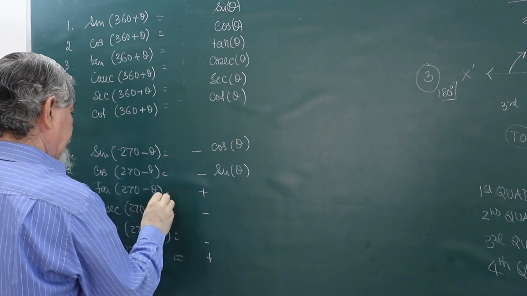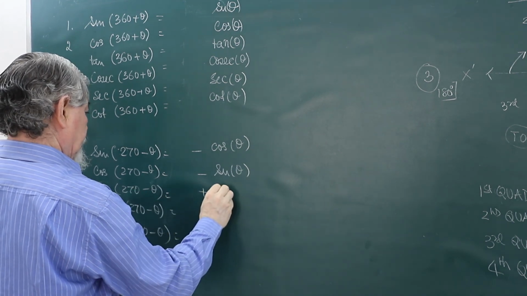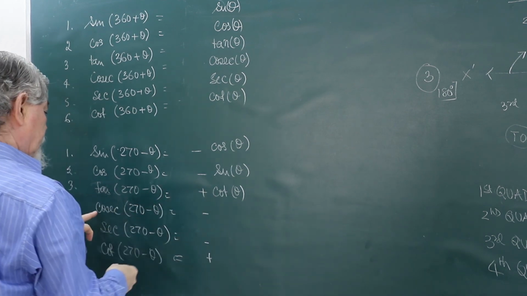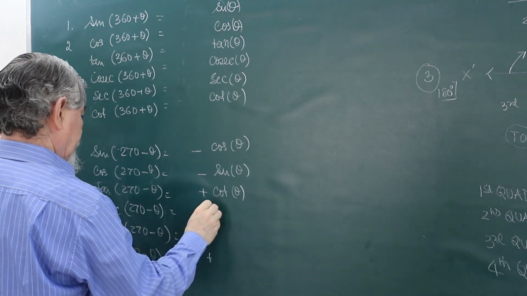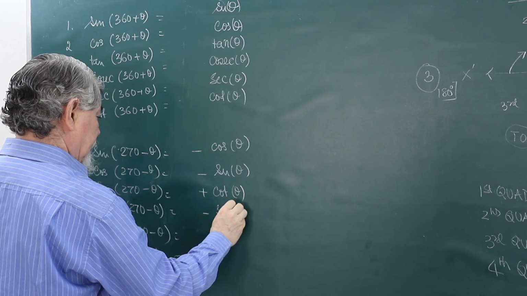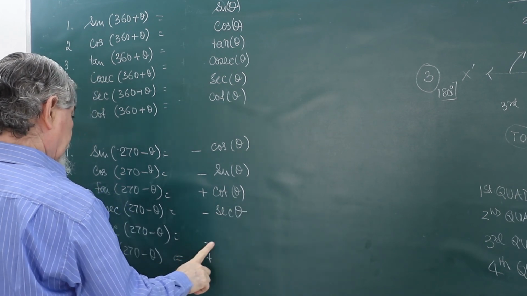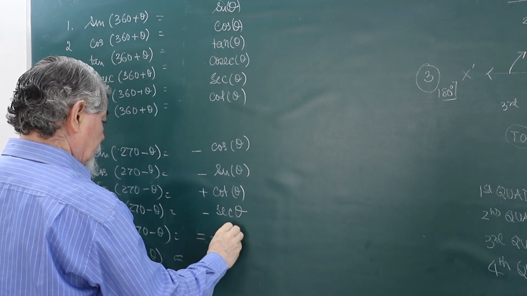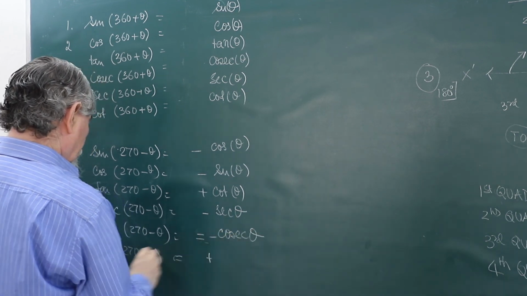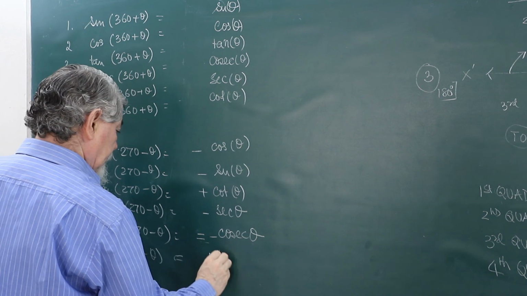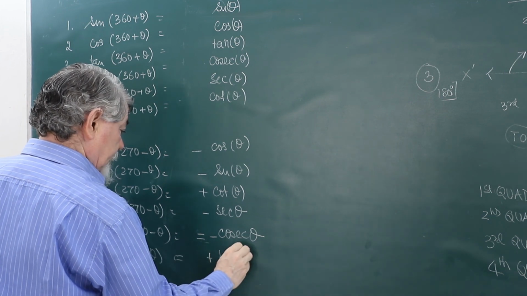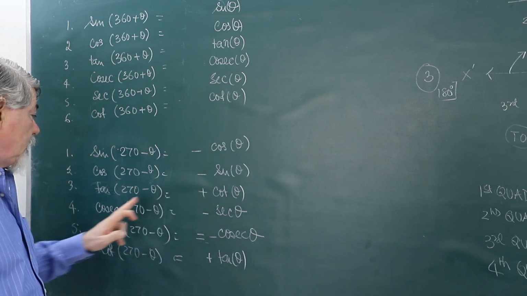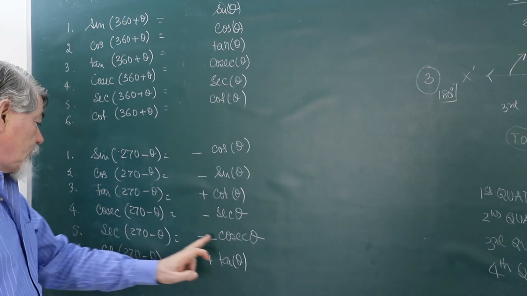Tan 270 minus theta will be cot theta, because it is plus. Cosec 270 minus theta will be minus sec theta. They will become opposite, and sec 270 minus theta will be minus cosec theta, and cot 270 minus theta will be plus tan theta. So sine to cos, cos to sine, tan to cot, cosec to sec, sec to cosec, cot to tan.